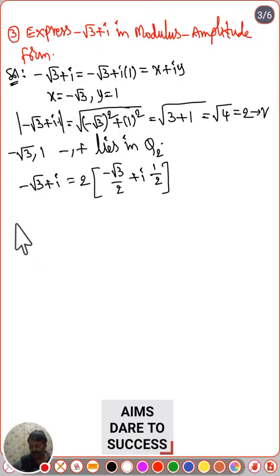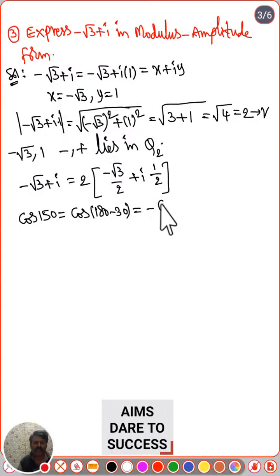Okay, my dears, second quadrant: minus root 3 by 2 is the value of cos 150. Cos 150 value, how do you get minus root 3 by 2? I will explain here. So cos 150 can be written as cos of 180 minus 30. Cos of 180 minus 30 is minus cos 30, the minus will be the same.